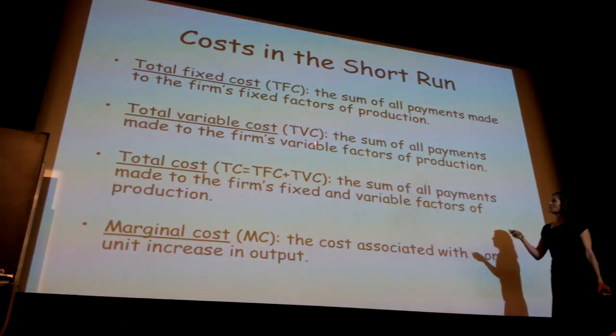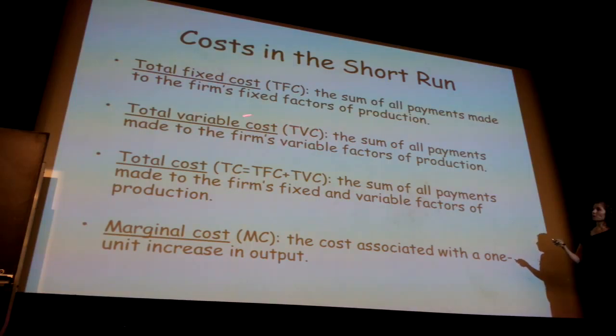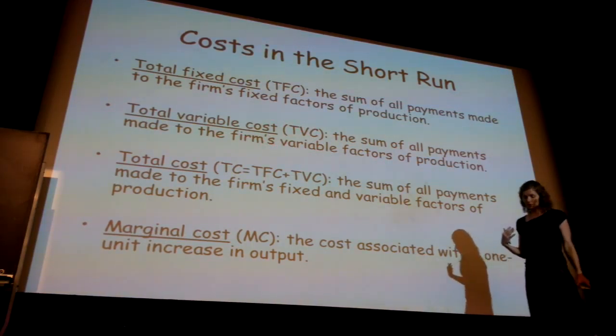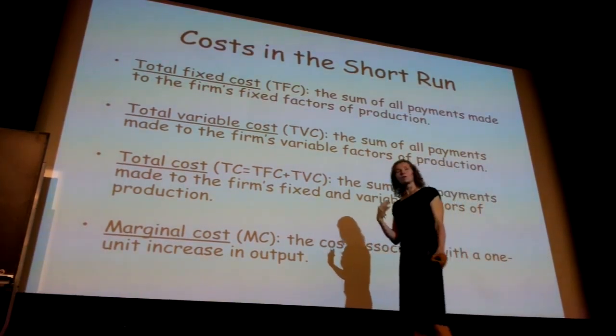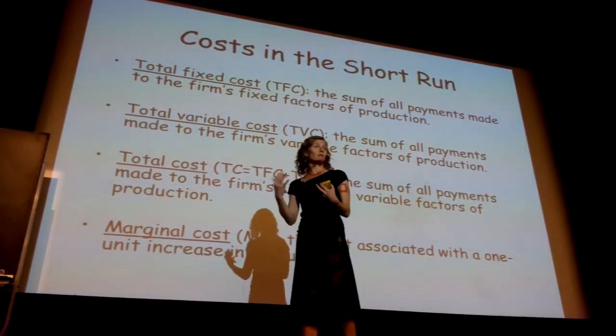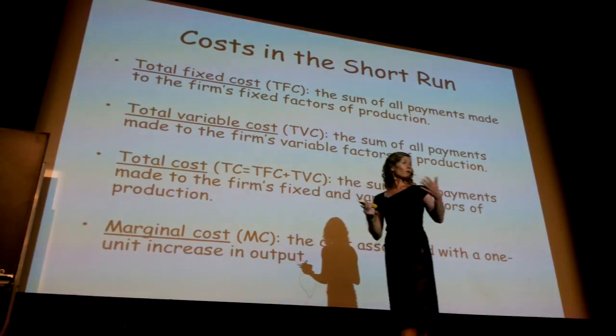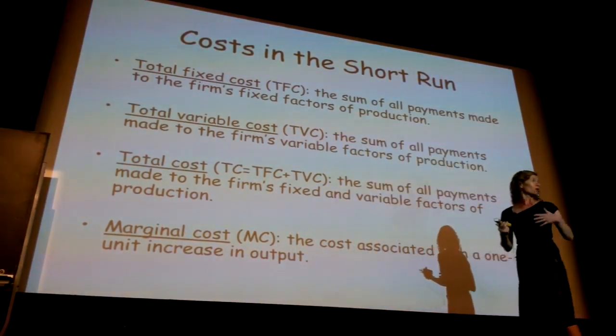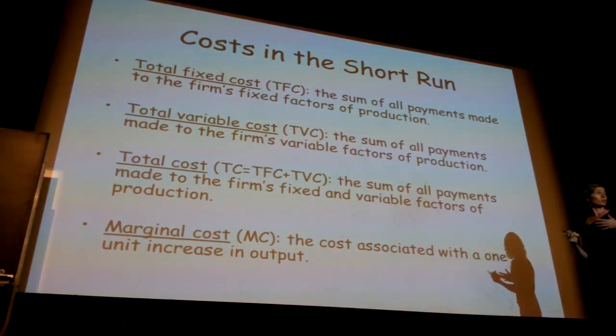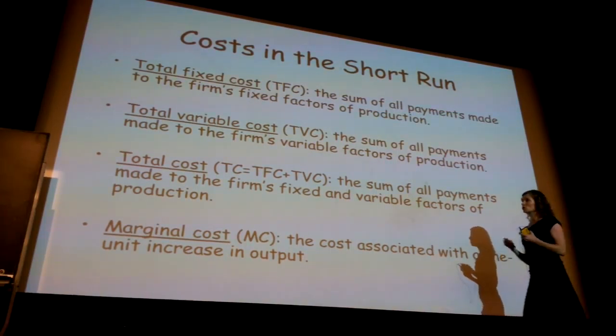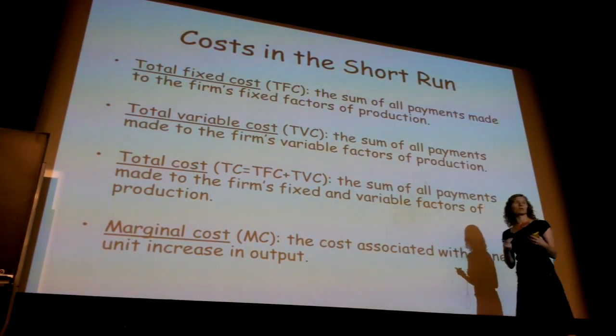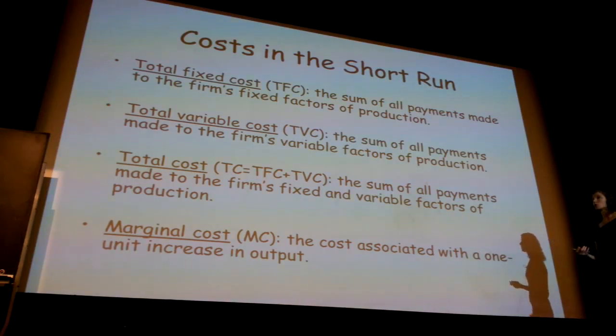Variable cost is the sum of all the payments made to the firm's variable factors of production. For the bakery example, one of the variable factors of production we thought of was labor. In the short run, it's relatively easy for her to hire and fire workers. She can change the number of workers that she has. She can change the amount of flour that she's purchasing. She can change the number of chocolate chips that she's purchasing.